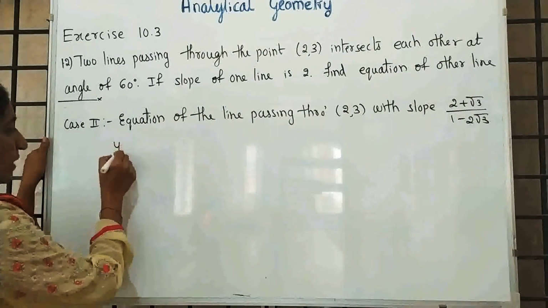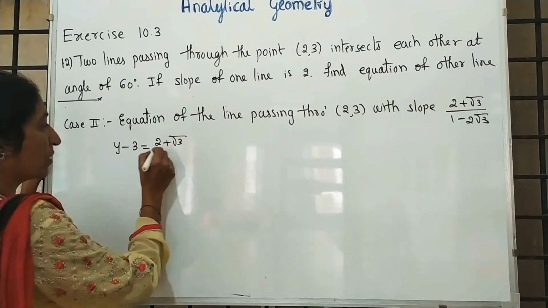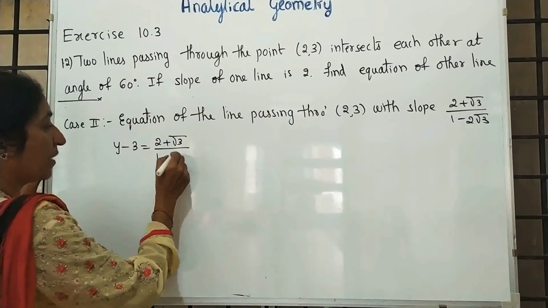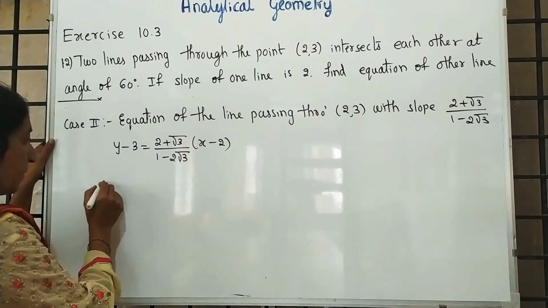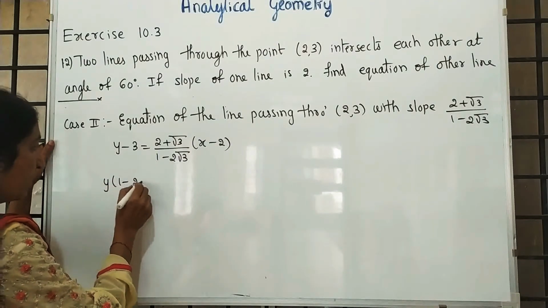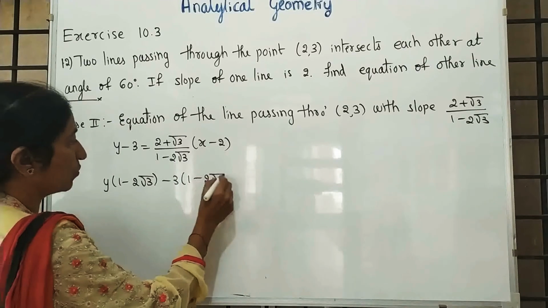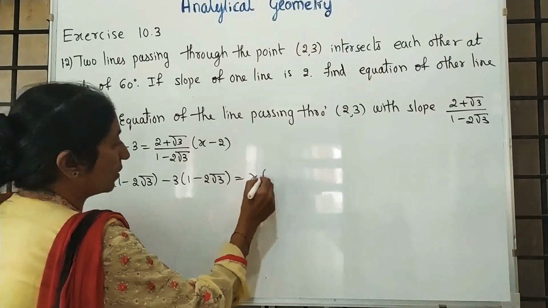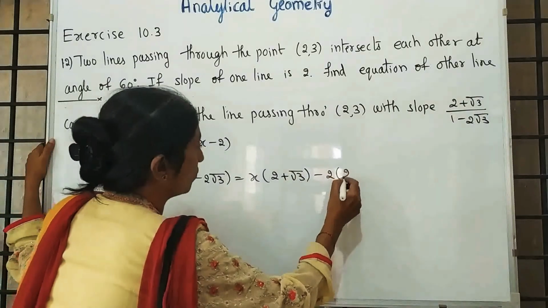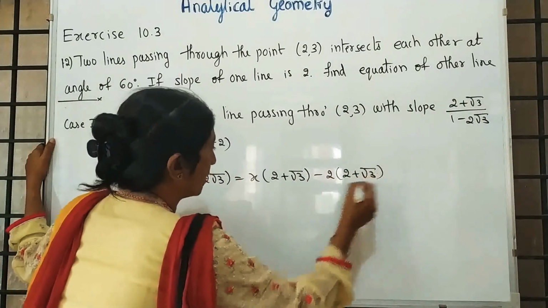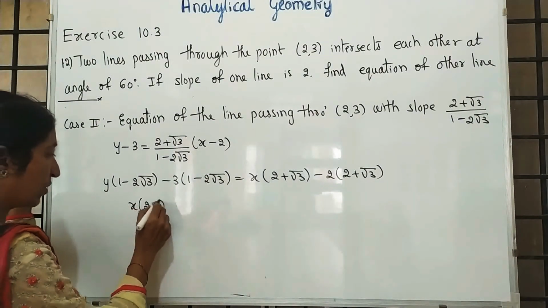y minus y1, y minus 3 is equal to (2 plus root 3) upon (1 minus 2 root 3) into (x minus 2). Cross multiply. y into (1 minus 2 root 3) minus 3 into (1 minus 2 root 3) is equal to x into (2 plus root 3) minus 2 into (2 plus root 3). These two terms I kept as it is, x into (2 plus root 3).